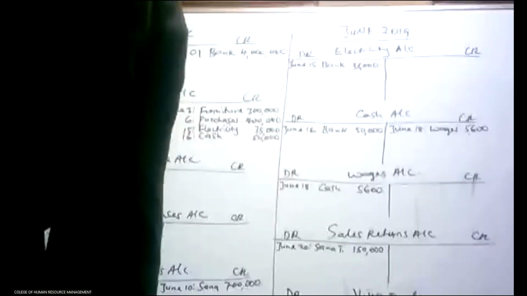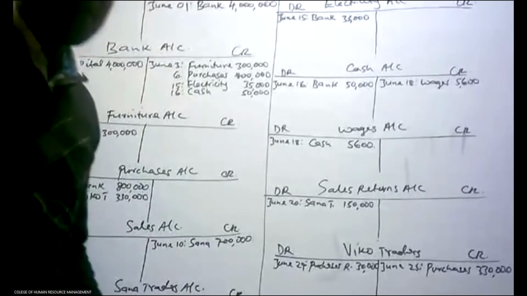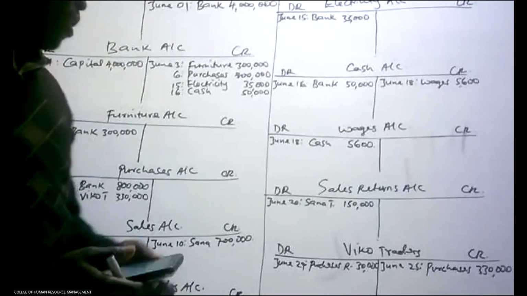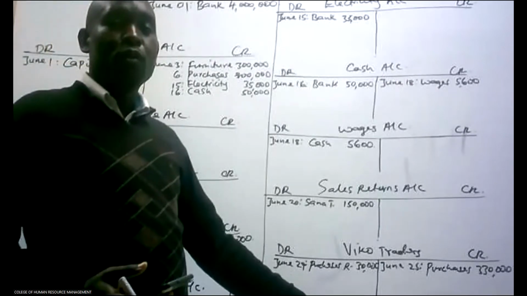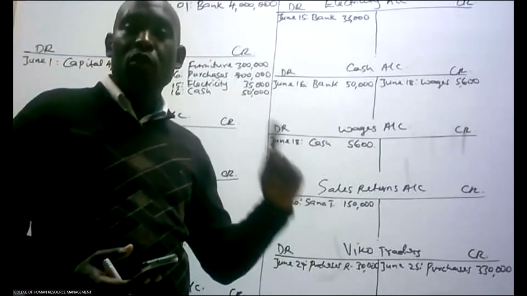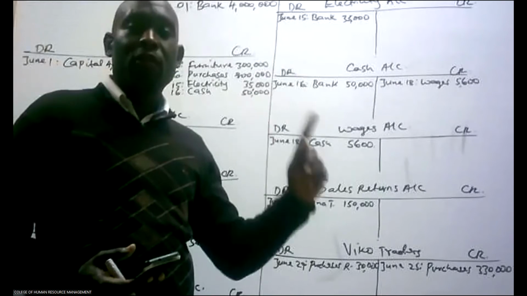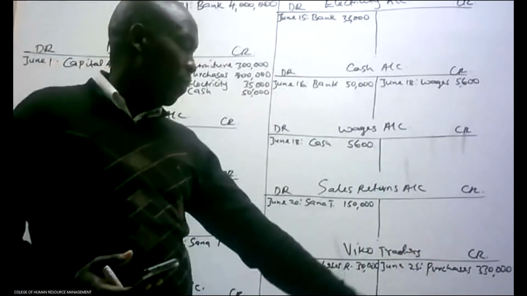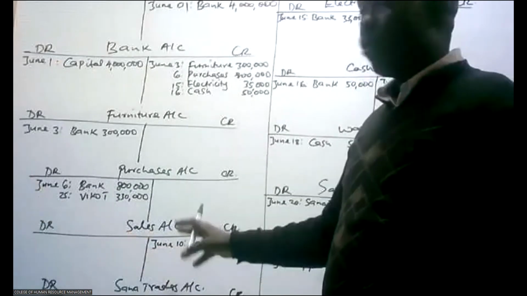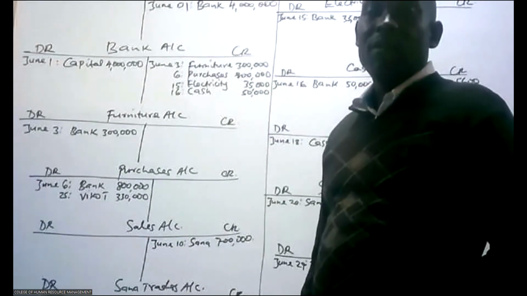That's all. So anytime we return goods to a supplier, goods that you had initially purchased, you record the value to the purchases returns. Anytime a customer returns goods that you had sold, you record them in the sales returns.